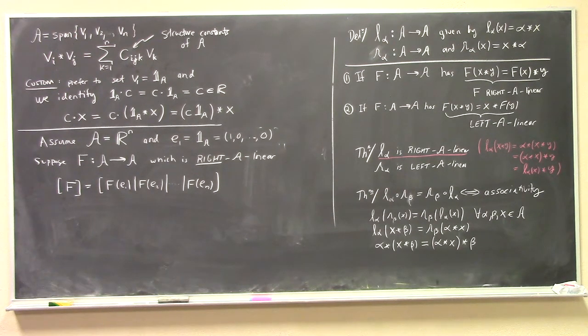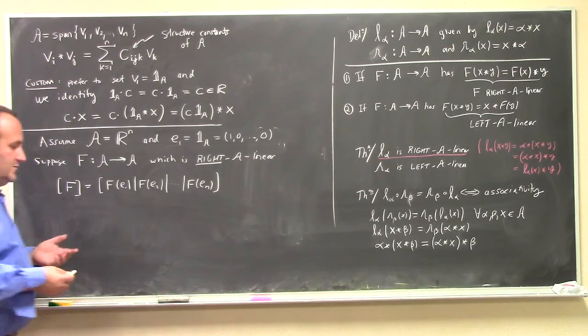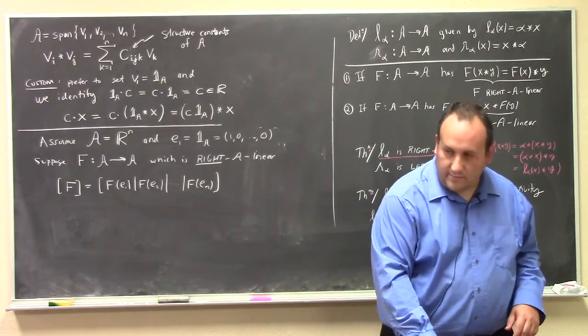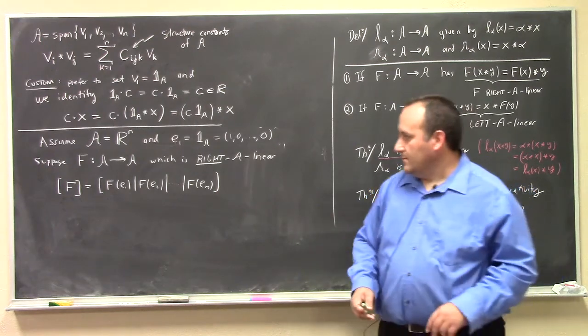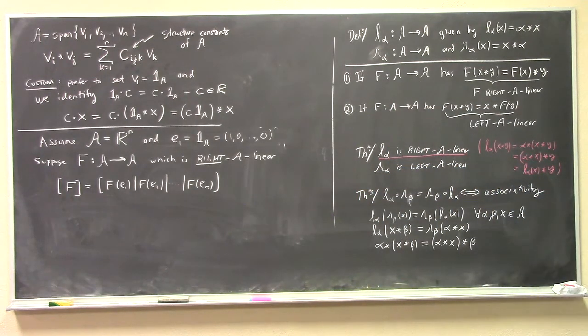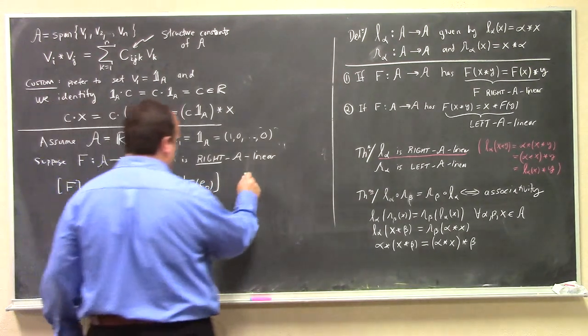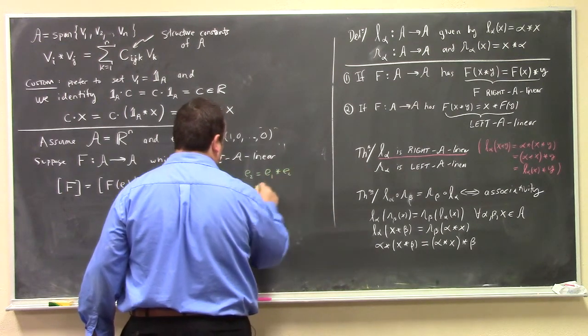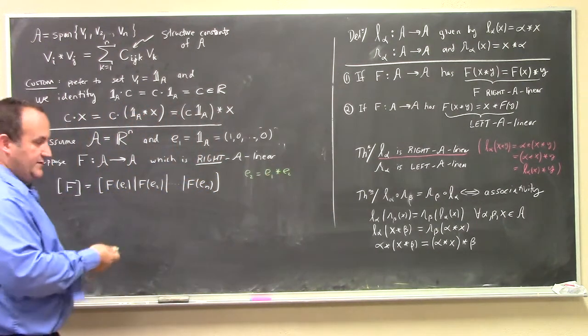And now here's the sneaky step. Well, e_1 is 1, right? But e_2, how can we rewrite e_2 in terms of e_1 here? We just did it: 1 times the identity times anything. Right, so we could say e_2 is equal to e_1 times e_2, and so forth. So let's do that here.